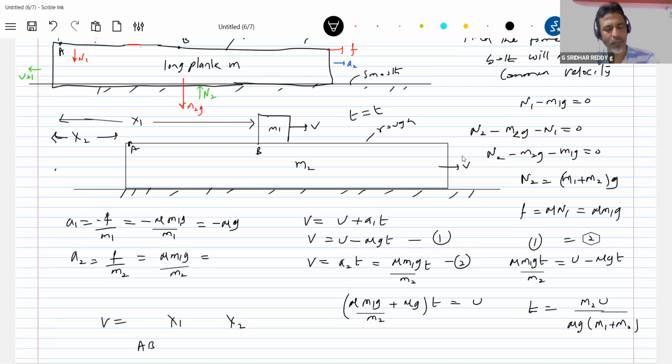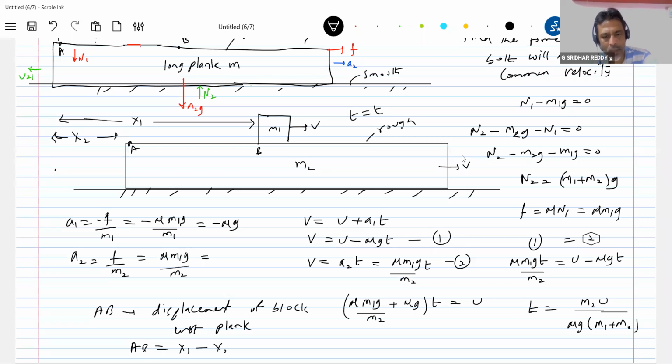Displacement of the block with respect to the plank. So that is x1 minus x2 from the diagram. That is AB, no? So AB is equal to x1 minus x2. How to calculate x1? X1 should be equal to ut minus a1 t square by 2. What about x2? A2 t square by 2. Do the calculation later on. I'm just giving the basic idea.